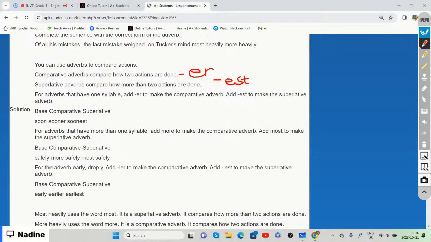We made an example of soon, sooner, soonest, because soon has only one syllable. If we compare two actions when it comes to soon, it will be sooner. If we compare more than two actions, we say soonest. So we added er and est.